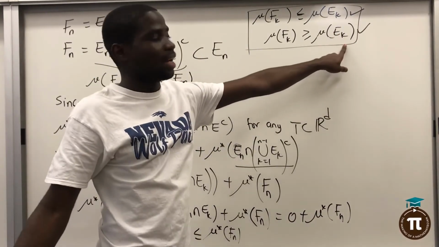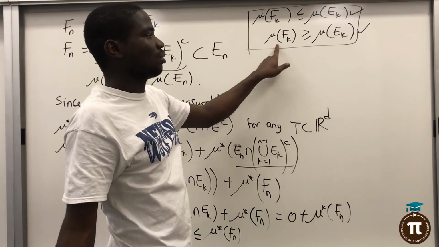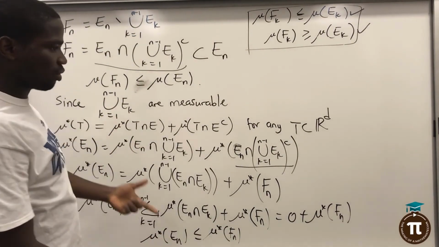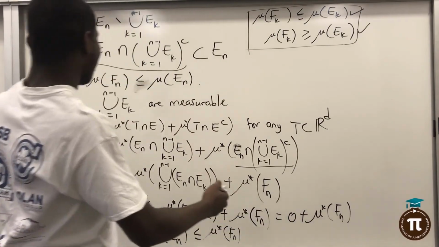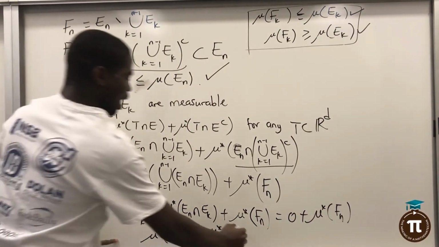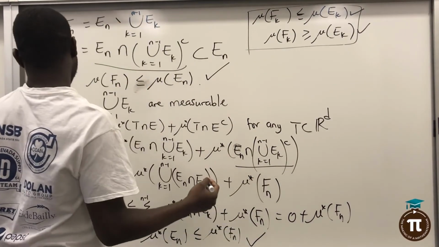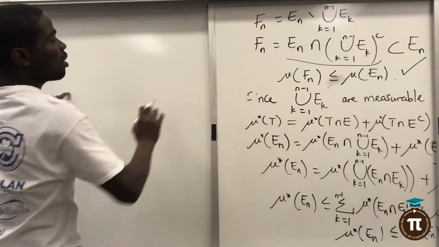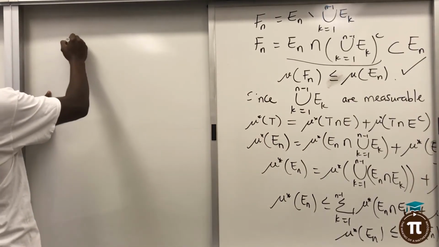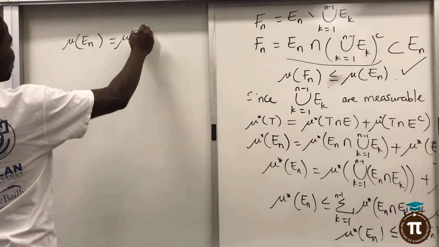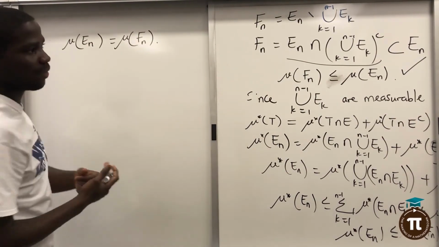By combining these two together, where is the first one? This one. I have proved this and I have proved this. What does that mean? It only means that the outer measure of E_n is the same as the outer measure of F_n, and the proof is complete.